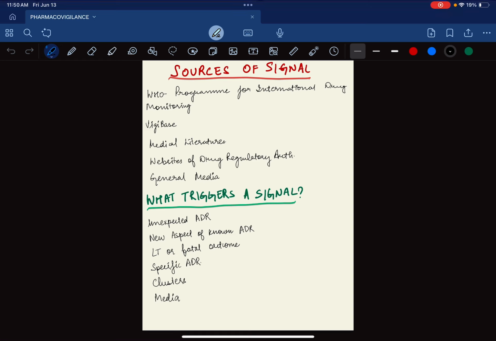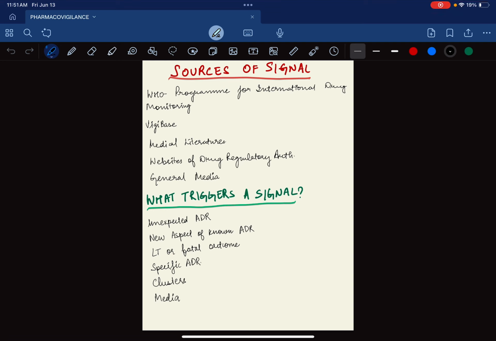The second one is the medical literature. Third is the website of drug regulatory authorities. For every country, there are various drug regulatory authorities where we can get the signals from. Then we have the general media. In general media, we can include the various social media websites.